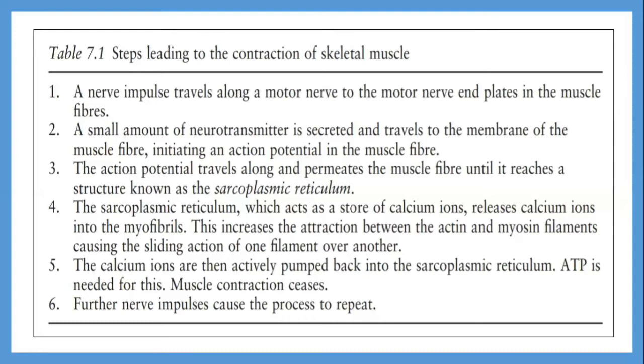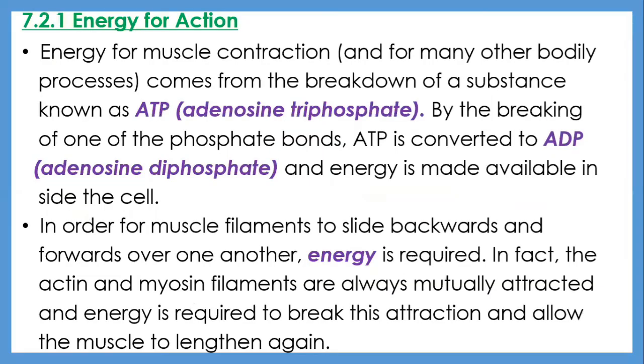Now, under this, we have energy for action. Energy for muscle contraction and for many other bodily processes comes from the breakdown of a substance known as ATP, or adenosine triphosphate. By the breaking of one of the phosphate bonds, ATP is converted to ADP, or adenosine diphosphate, and energy is made available inside the cell.